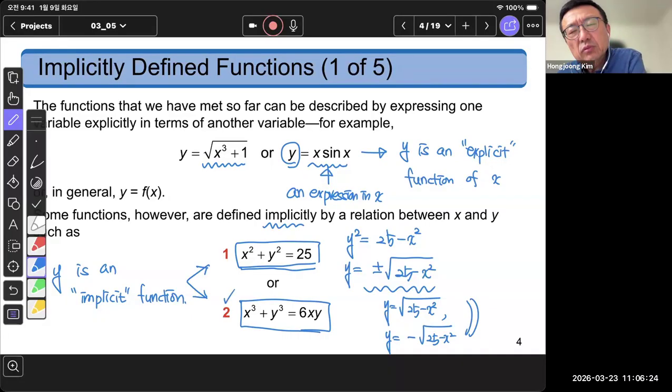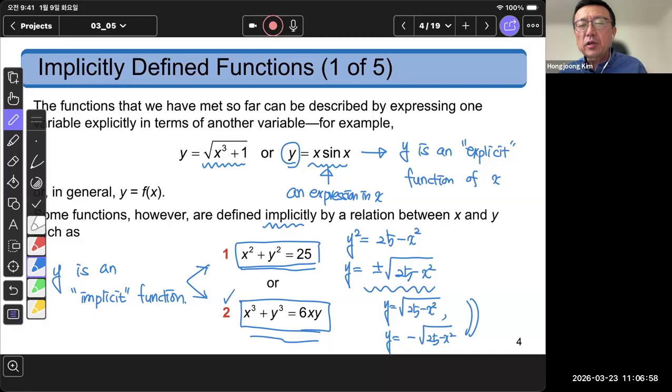In case of number 2, it is a little bit difficult to derive an explicit relation. So we will go back to this expression later. Probably after the midterm, we will consider this example one more time. x cubed plus y cubed equals 6xy, and somehow we want to derive some explicit relation from this implicit relation.